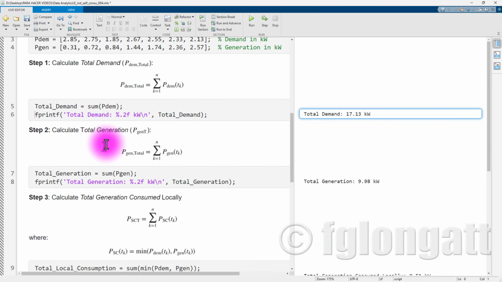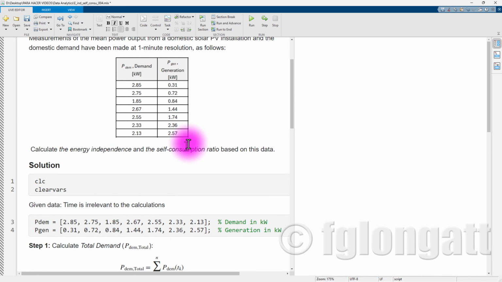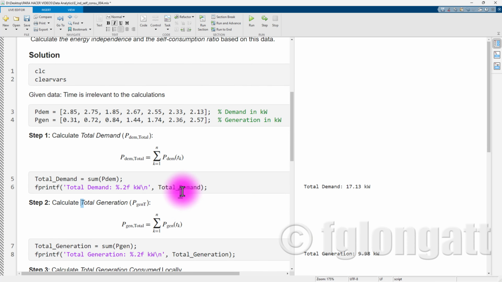Similarly, we can calculate the total generation. To calculate the total generation, again, what we are doing is adding all the individual values of the power generation during the period. So it is equivalent to adding all the single measurements in this column.